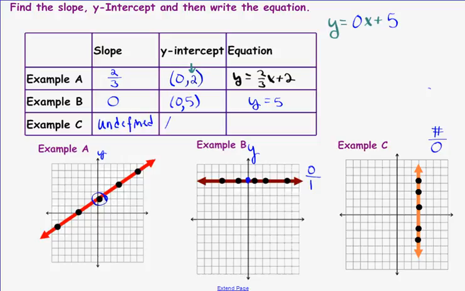It will never have a y-intercept. It will never cross. All I have to realize is that my x is the constant, and in this case it is 3. So my equation of the line is x equals 3. It is not a function, but it is an equation of a line, and it is called a constant.